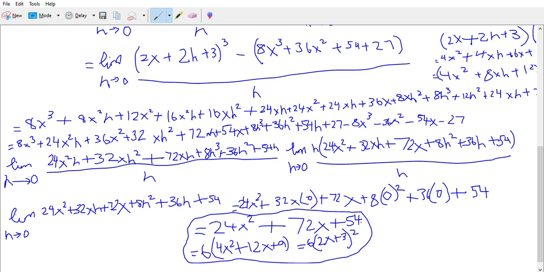And if you want to simplify it even further, it is equal to 6 times 2x plus 3 squared, which is right here. Yes, it has taken me over 25 minutes to do this, but it was absolutely worth it.